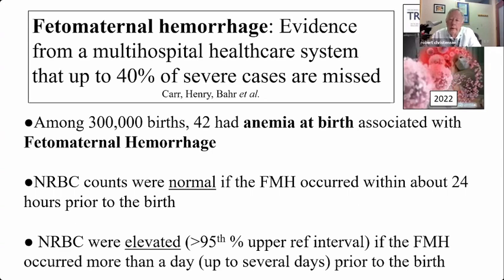And that's that when we could determine by the maternal history that the fetal maternal hemorrhage occurred recently, like within a day, because the mother was in an auto accident or fell down the stairs or had a blow to the abdomen or something like that, those babies had normal nucleated red blood cell counts at birth, even though all of these babies had evidence of fetal maternal hemorrhage, sometimes really severe.